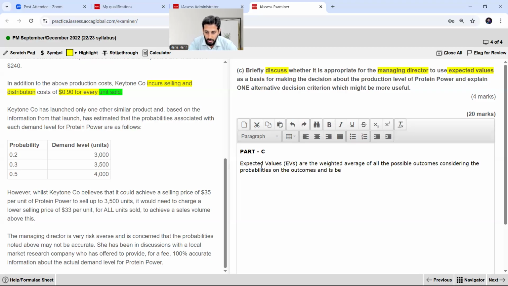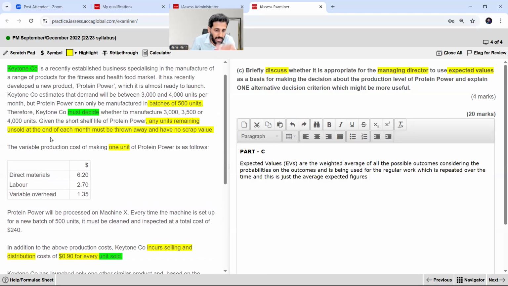And it is being used for the regular work, which is repeated over time, and this is just the average expected figures. But the point to be noted is that in order to execute the expected value decision making criteria, the work should be repeated and the attitude of the manager should be risk neutral.